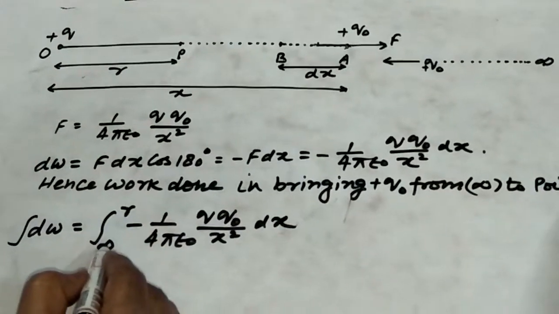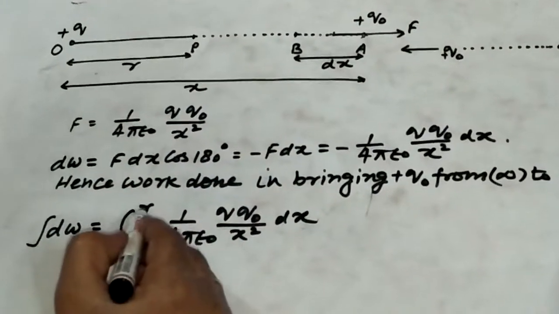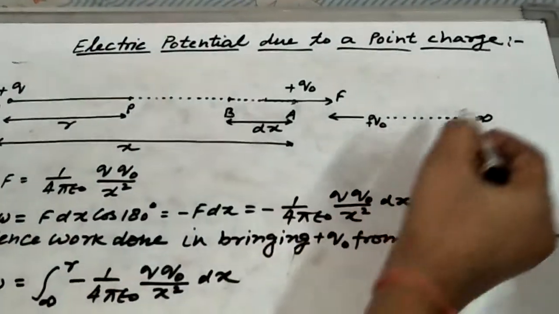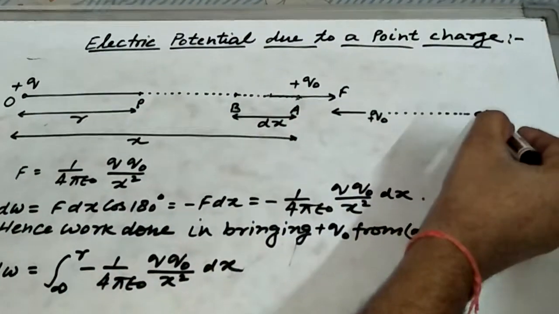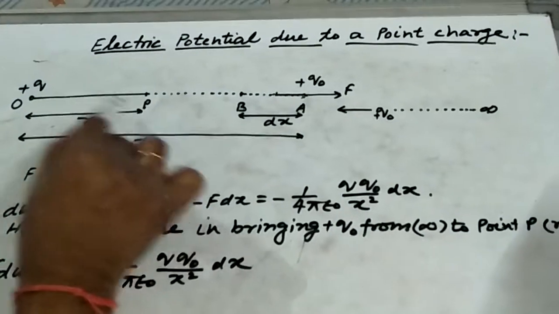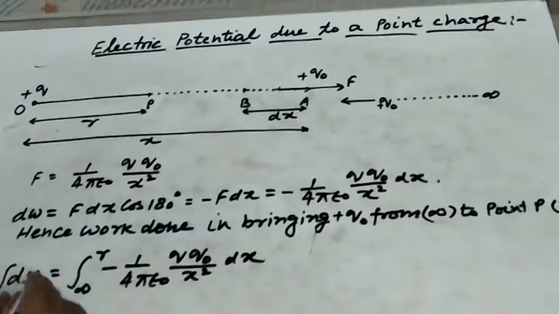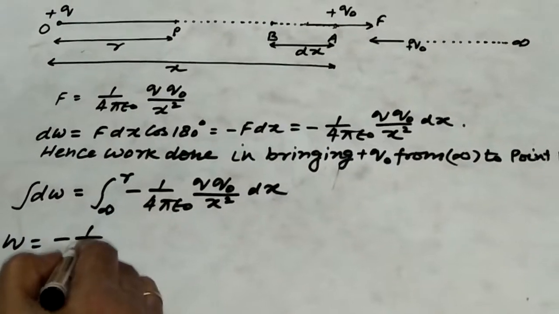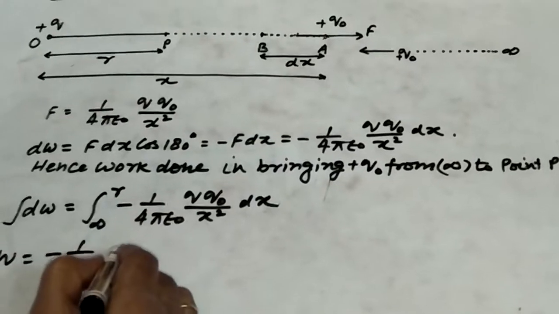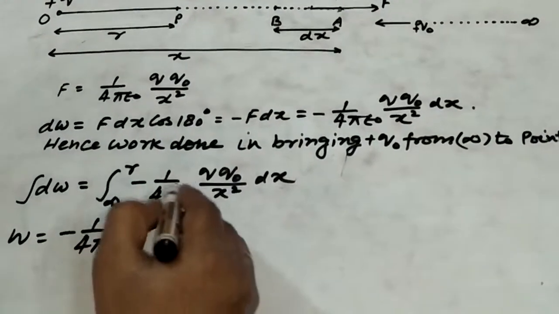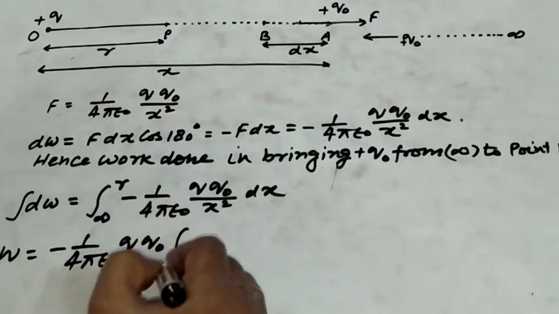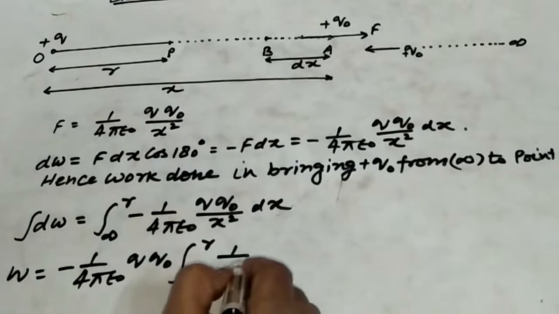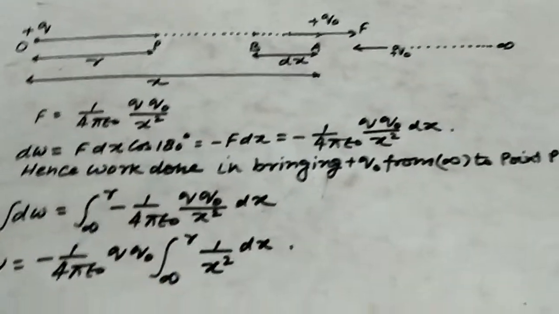Here infinity is the initial position of the test charge and R is the final position of the test charge, which is taken from infinity to the point P, meaning the earlier distance is infinity and the final distance from point O is R. So the integration of dW is W, and here −1/(4πε0) Q Q0, you take outside, this one is a constant term, and here the integral from infinity to R of 1/x² dx.